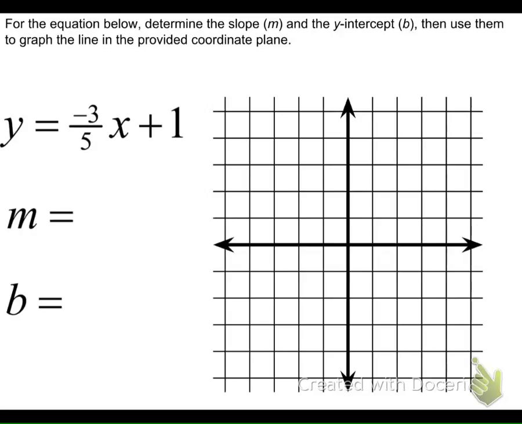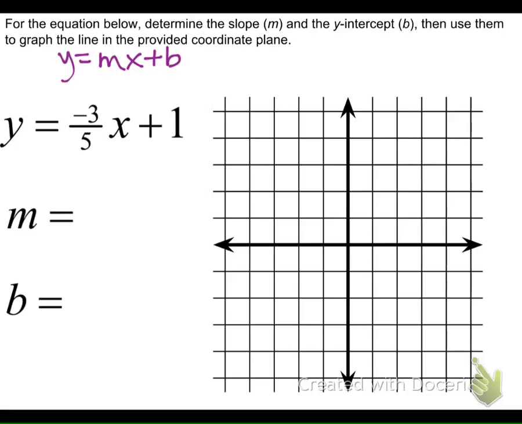We have the equation y equals -3/5 x plus 1. So if you guys remember, slope-intercept form is going to be y equals mx plus b. What does the variable b stand for? The y-intercept.